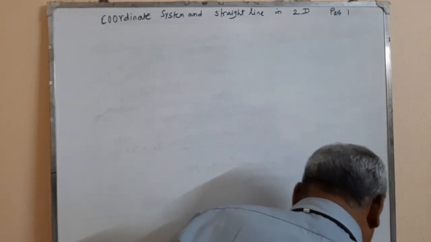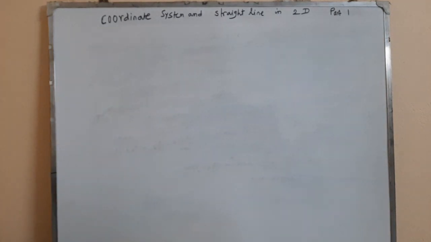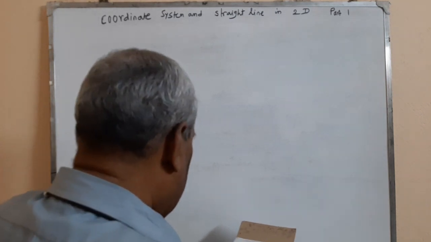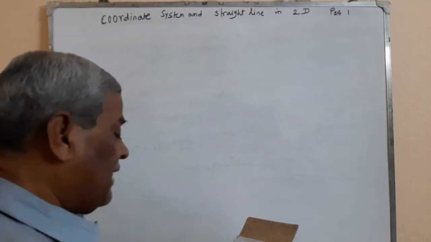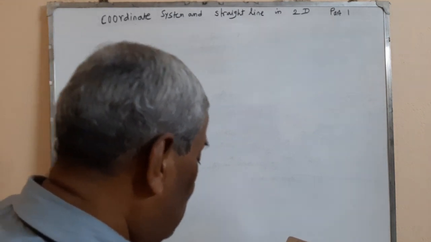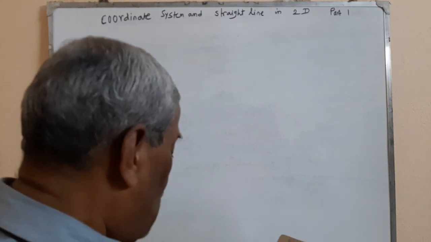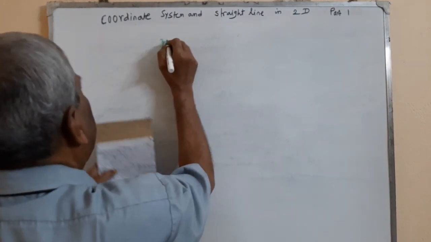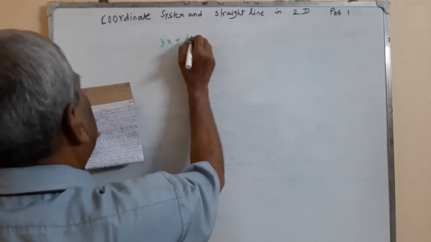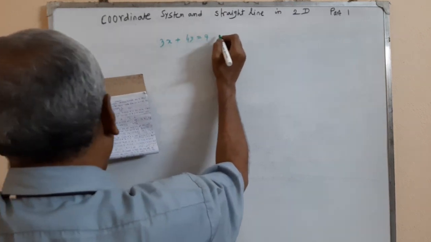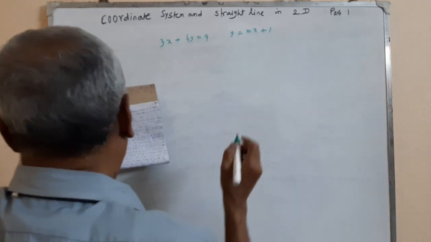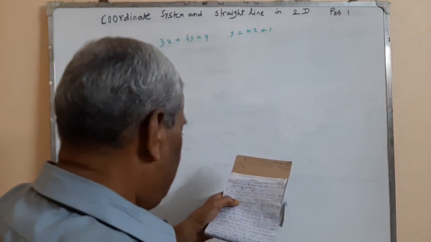Next problem. The number of integral values of m for which x coordinate of the point of intersection of 3x plus 4y is equal to 9 and y is equal to mx plus 1 are also integers.